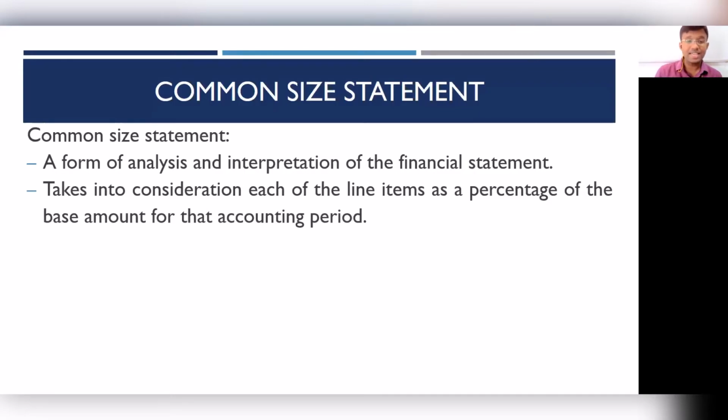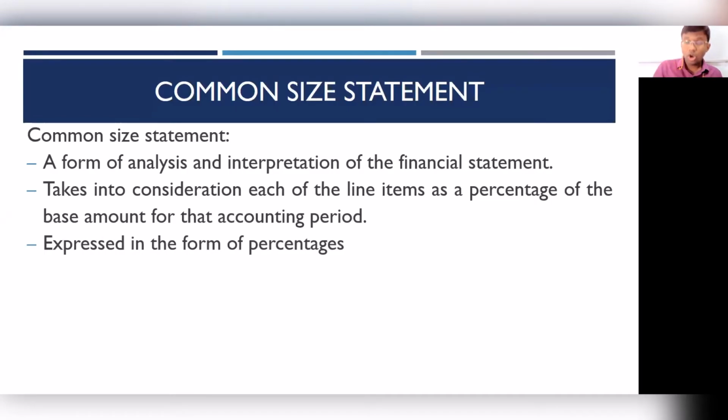Now, the common size statement works by bringing the companies that you're comparing onto a common base. The basis for comparison in the case of a common size statement is trying to bring both of them to a common platform. That is what is meant by common size statement. So a common size statement will help you compare your companies by bringing them to a common platform.